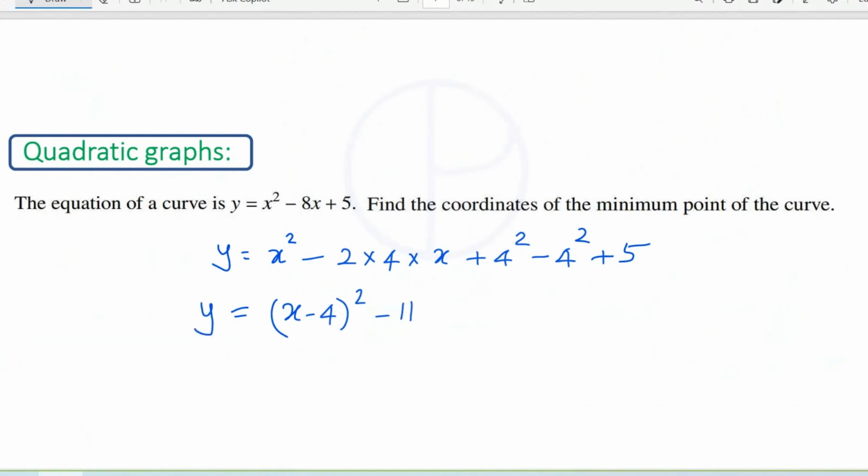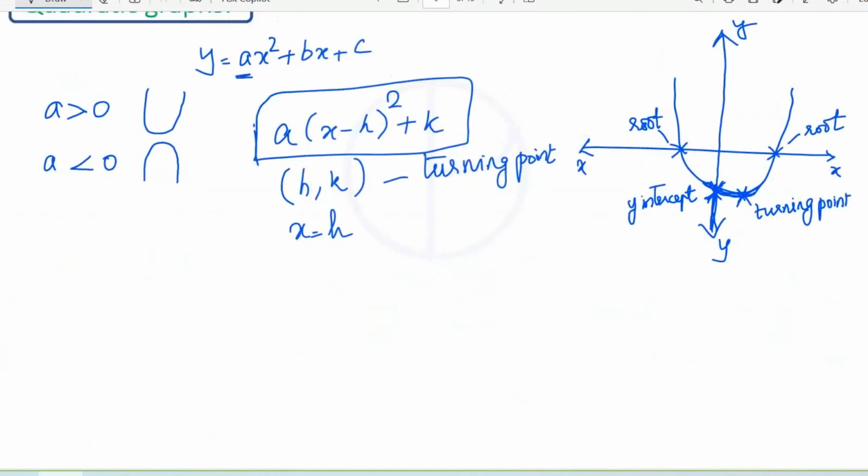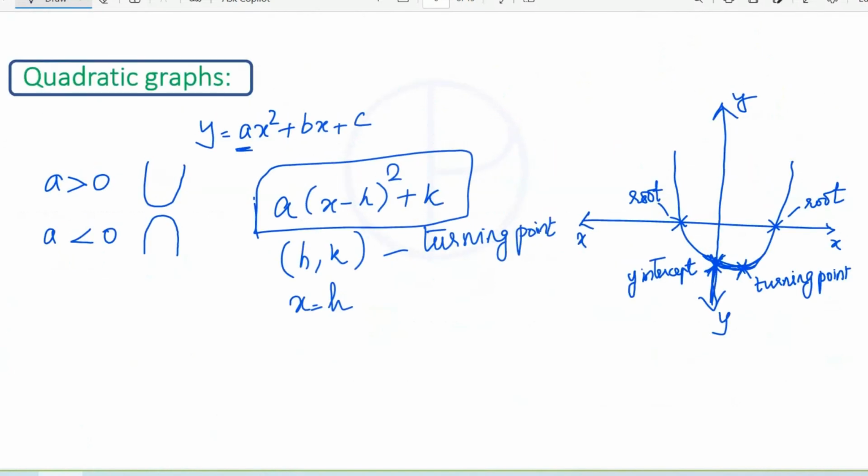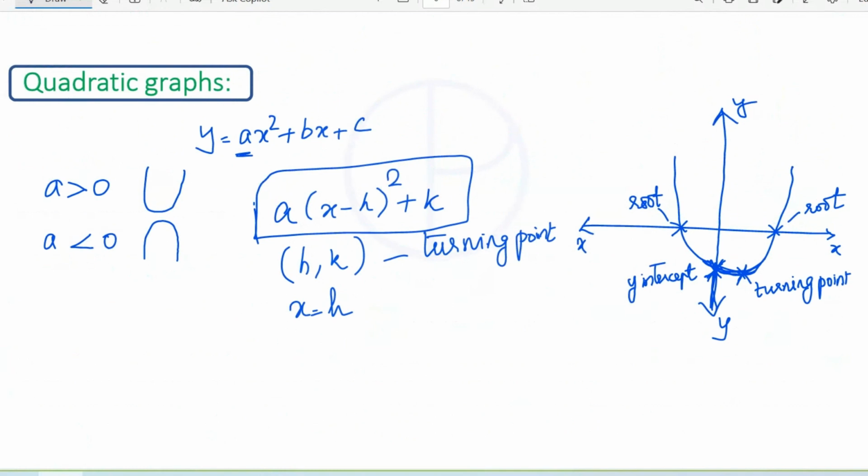So find the coordinates of the minimum point. What is the minimum point if the completing the square form is given? See, here it is a multiplied by (x minus h) squared plus k. Okay.